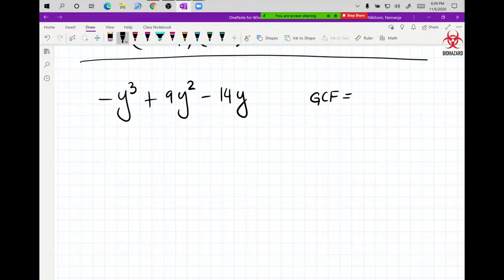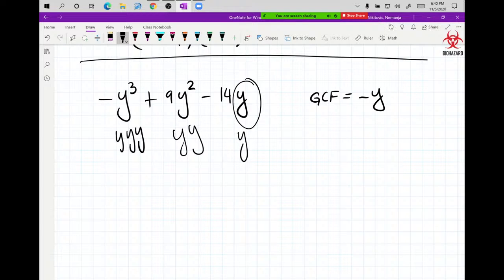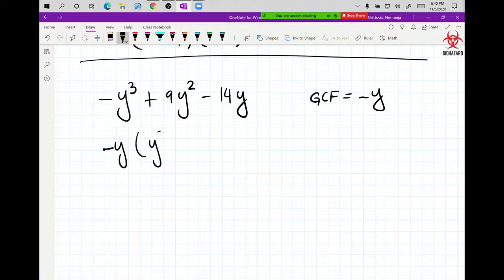I guess the GCF is not going well, right? It's a negative y. Each one of these has a y. You see a y. There are two y's in here. There are three y's in here. So the most I can kick out is a single y. And then we also need to get rid of the negative in front. So when I do that, put negative y in front, the leftover is y squared minus 9y plus 14.